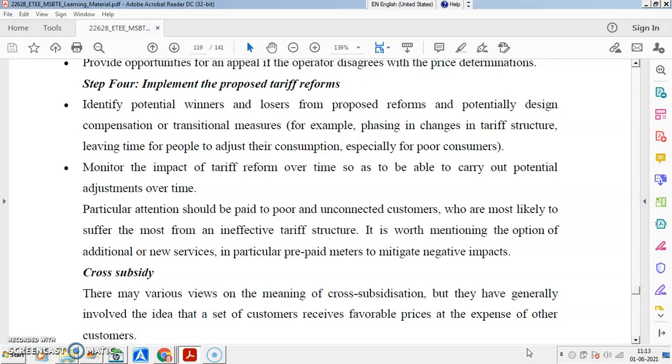What I can say, the consumer must have the choice to take power from his choice of supplier. As of now it is not possible for us, but definitely in future we may have a choice. We can purchase power from that particular supplier who is giving you more benefit.